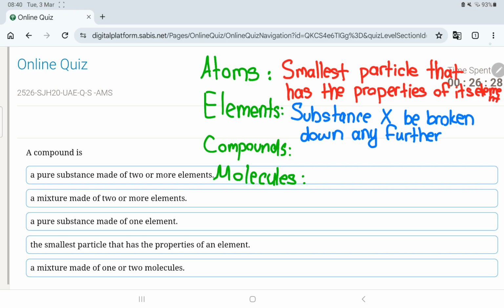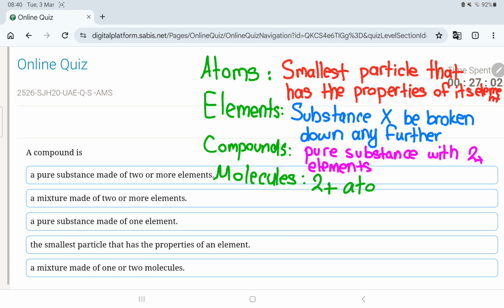Now, compounds is a pure substance with two or more elements. And what's a molecule? A molecule is something with two or more atoms. So when you see 2 plus atoms, it's a molecule.